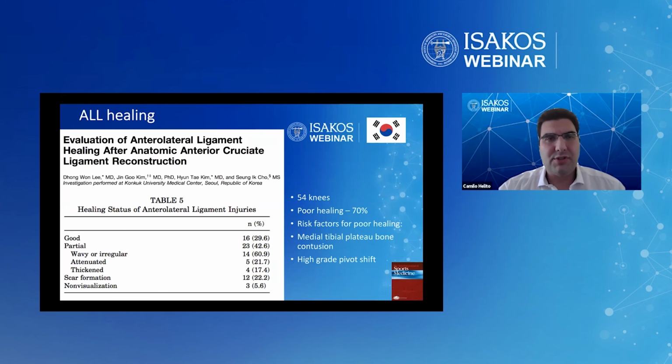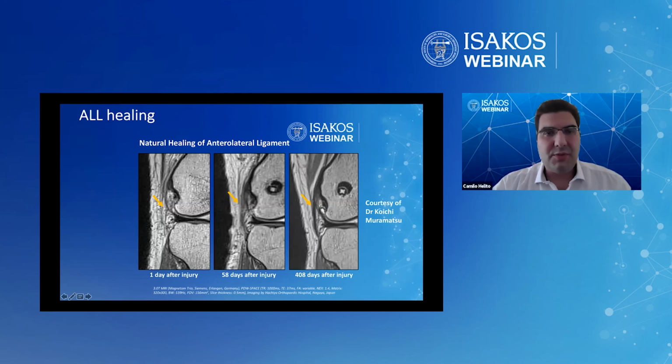ALL healing, of course, we need MRI to study ALL healing. This study from our friends from Korea showed that the healing is poor. In around 70% of the patients, the ALL does not heal properly. We are doing a similar study to confirm these findings as well. This is a nice picture showing an ALL healing. This is after injury, this picture in the middle after reconstruction, and this after 1 year, showing proper healing.